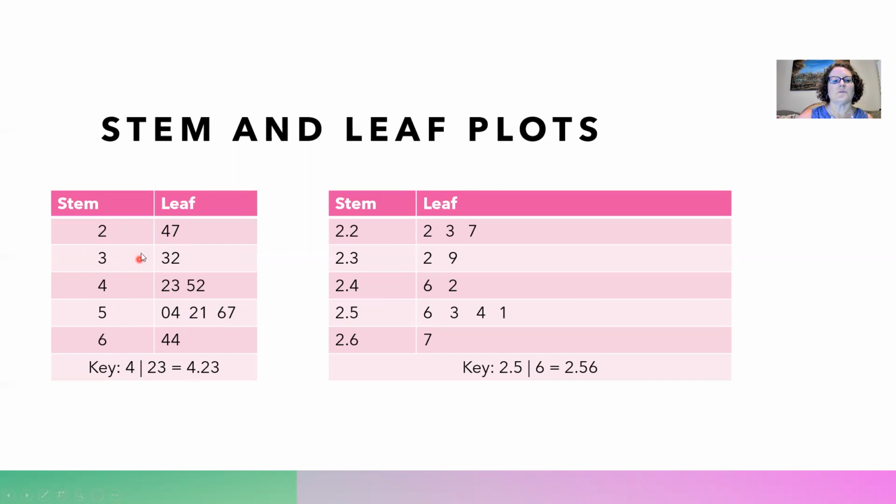This one's a little different because the stems are grouped better and the data is spread out in the twos. So here we would have 2.22, 2.23, 2.27, 2.32, 2.39. So here your measurements are a little closer together. Your highest piece of data is 2.67. Your lowest piece of data is 2.22, whatever that would be, inches, yards, feet.